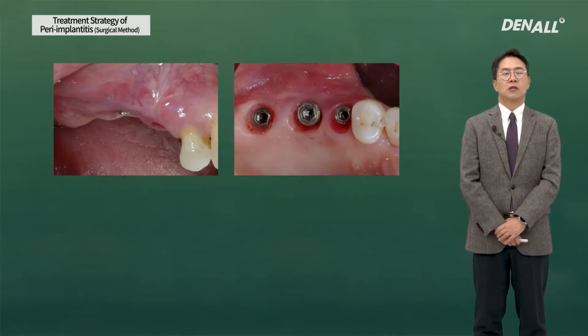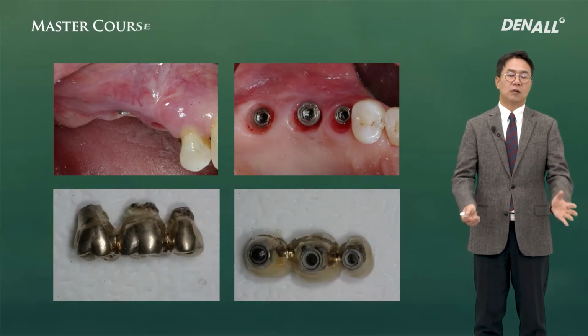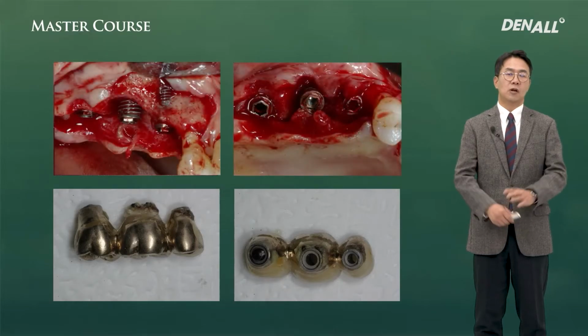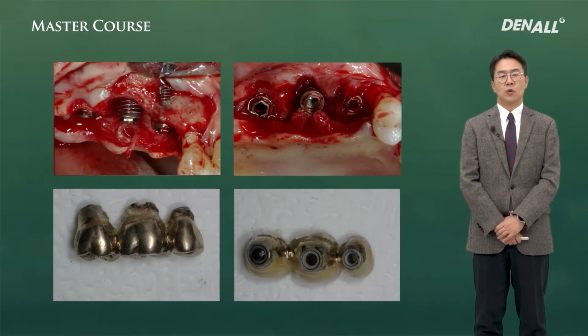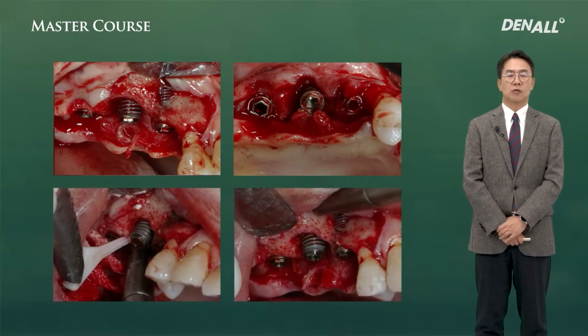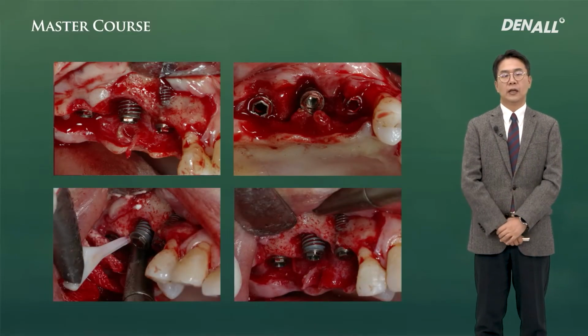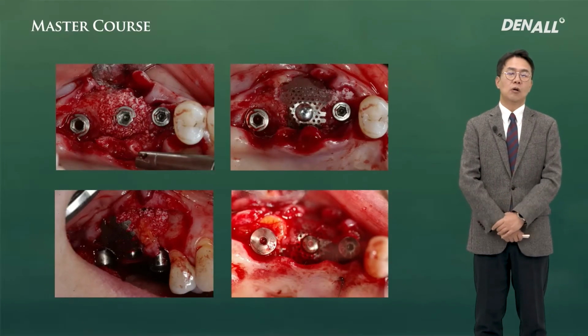After implant placement, you can see that there's peri-implantitis all around. When I removed the crown, you can see that the condition doesn't look good. When I opened the flap, you can see that there's bone loss. I used tools like abrasive to do detoxification on the surface.